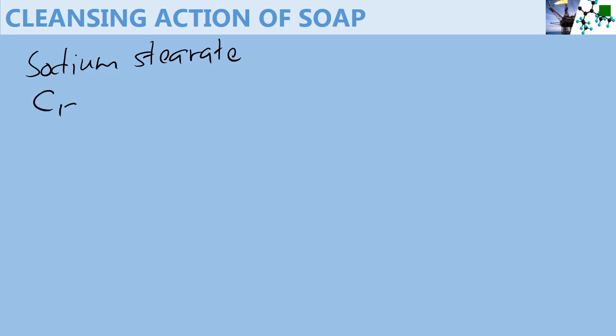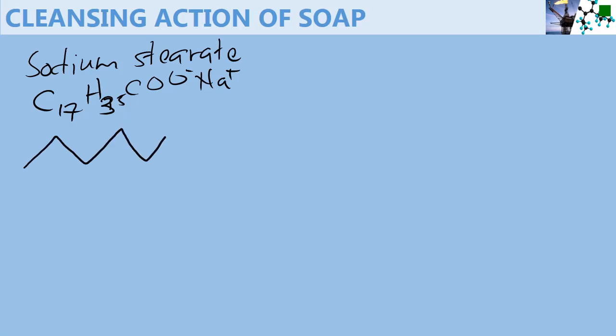You remember it's written as C17H35COO-Na+. Now, if we draw the structure of this compound, we would eventually end up with a very long chain.